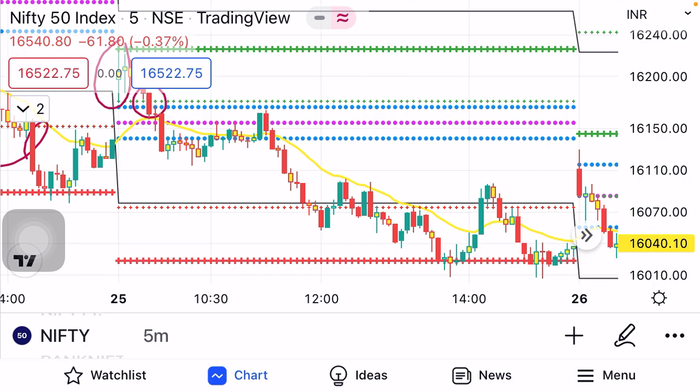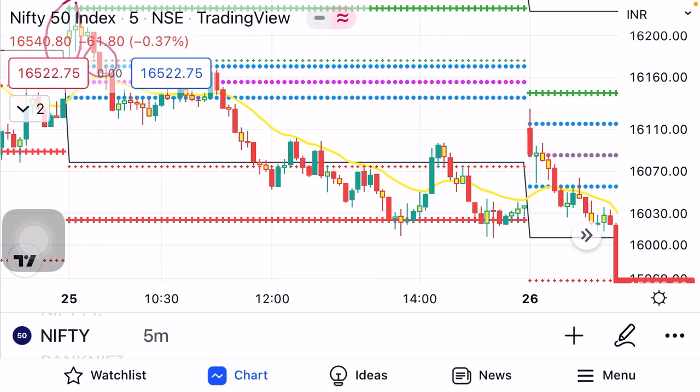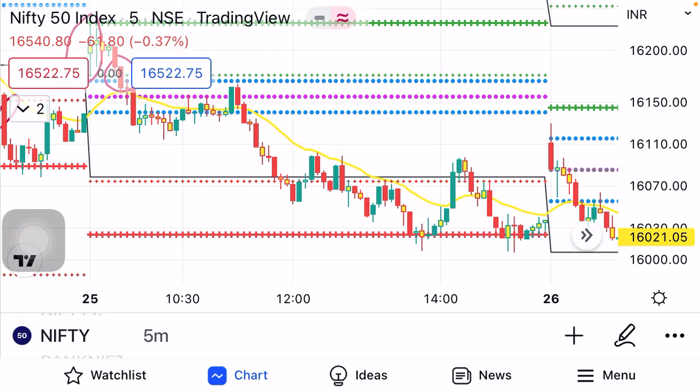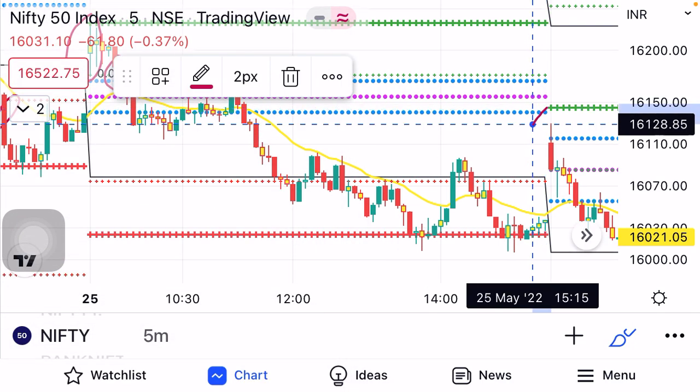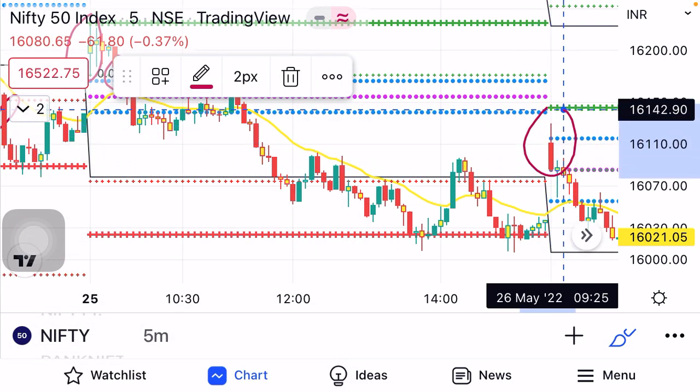26th is Thursday. See, on Thursday the CPR is in downtrend and it is clearly getting rejected from the CPR. Okay, that is confirming that the market is bullish.